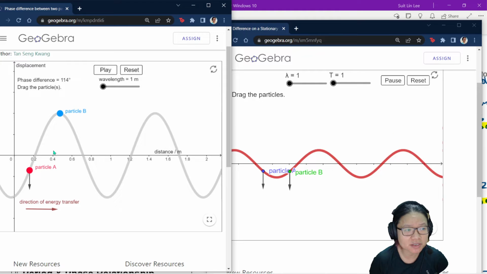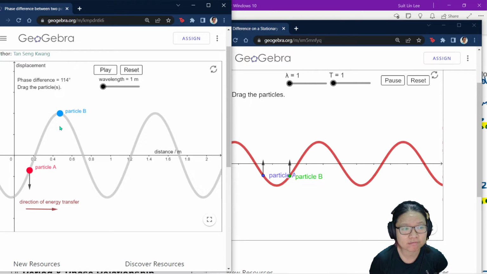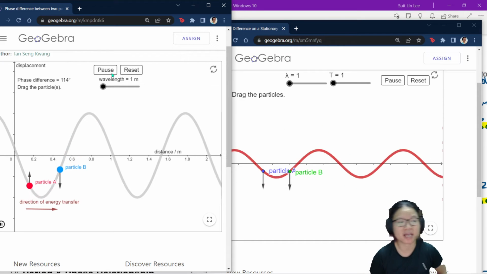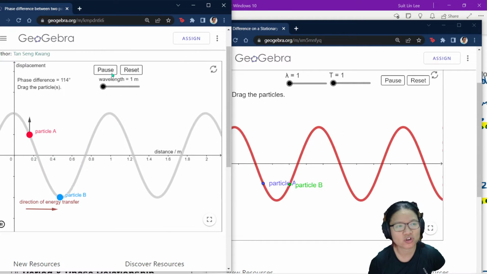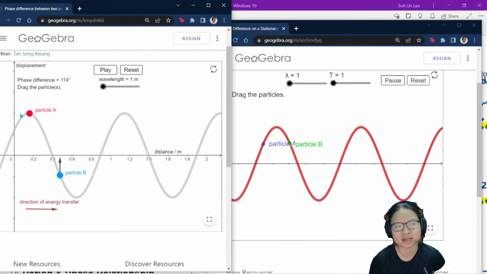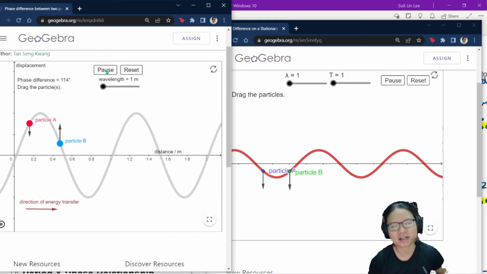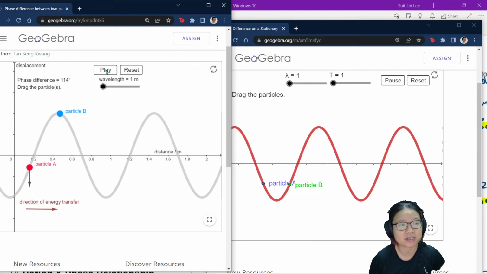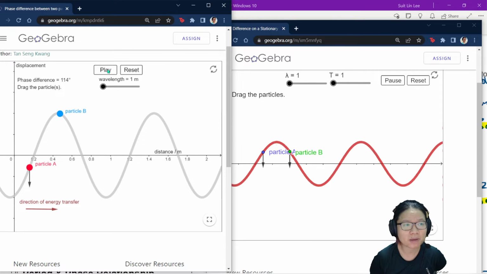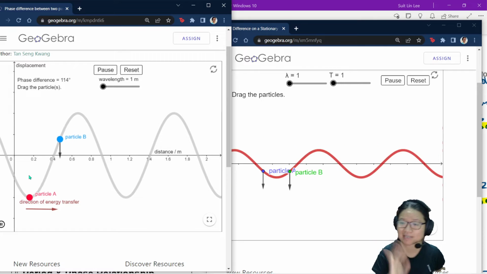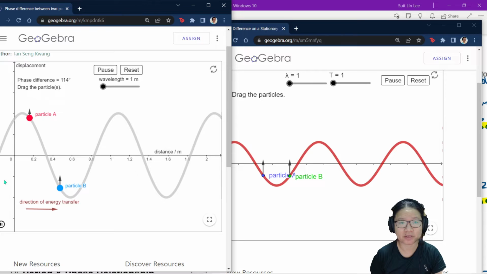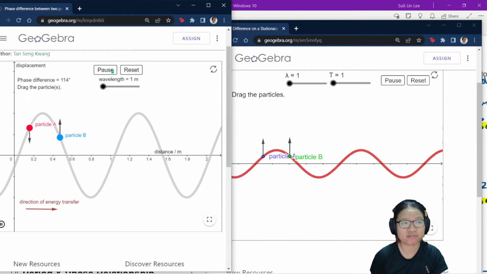So the maximum distance achieved by particle B looks the same as the maximum distance achieved by particle A, just not at the same time. Now it's particle A's time to have maximum displacement, and then after that, it's particle B's turn. So the amplitude of all of these particles is the same. It's just that they don't reach their peak at the same time. That would be your progressive wave.